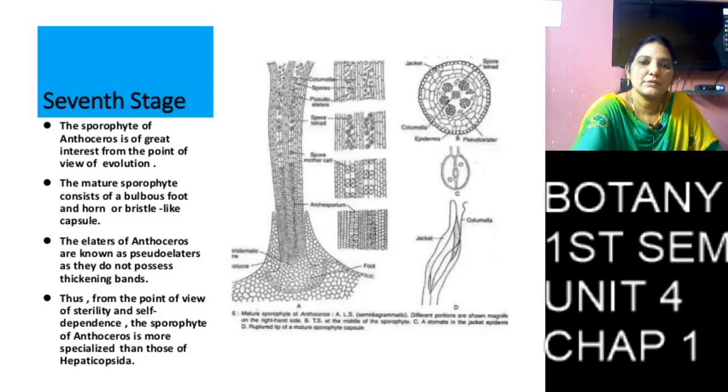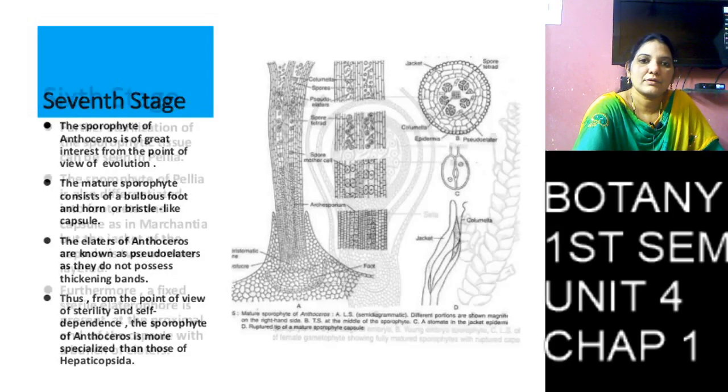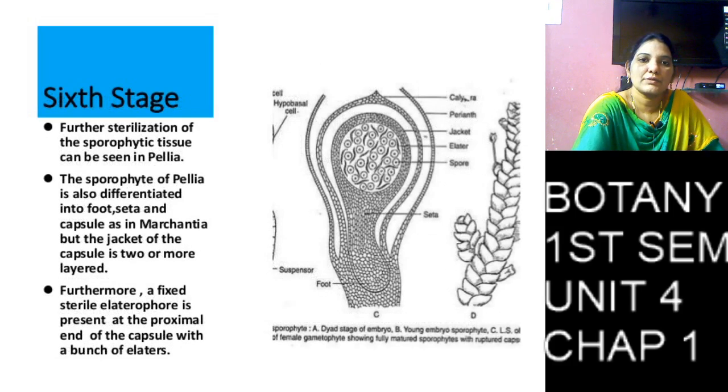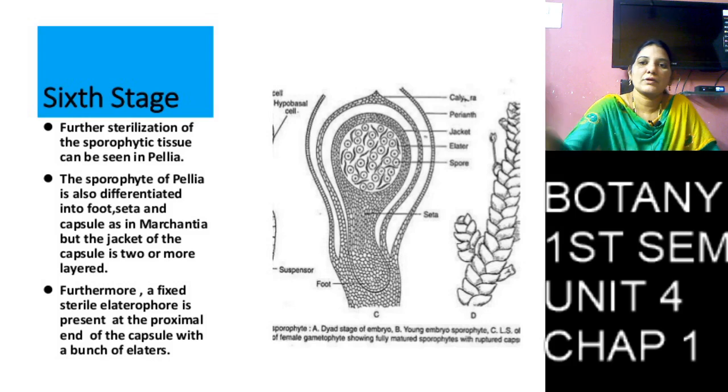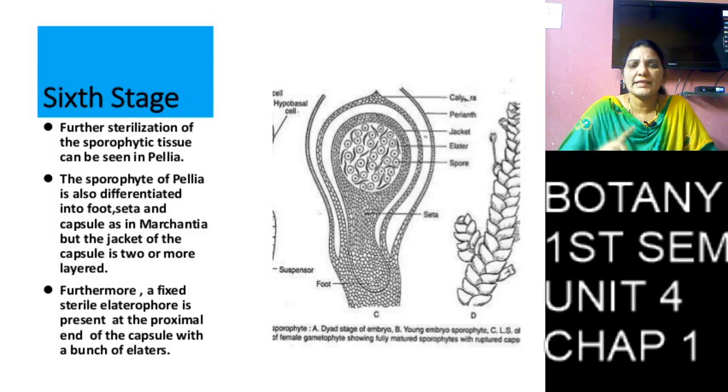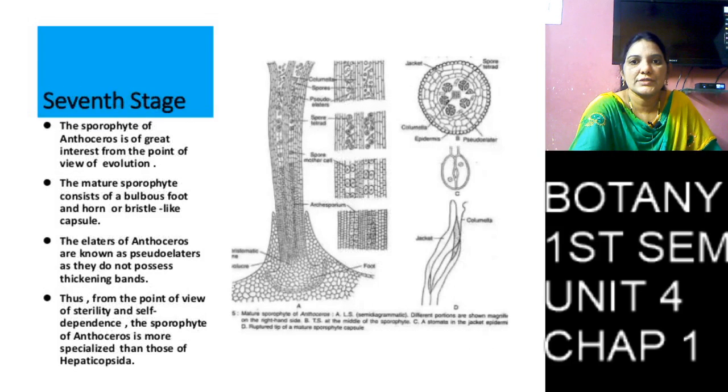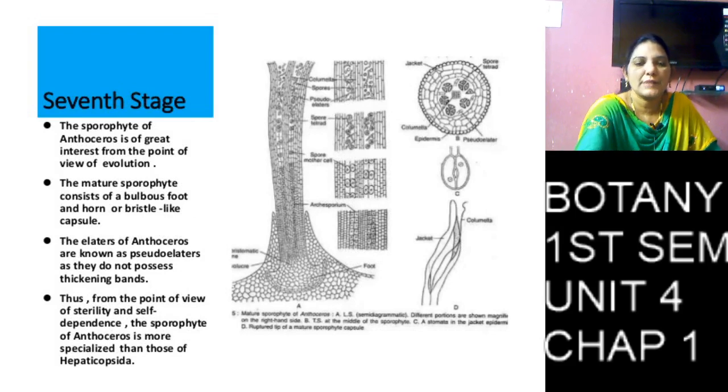Next coming to Marchantia. So we can see the example, and here Pellia. Did you understand, children? We can compare the Anthoceros and Pellia structure.